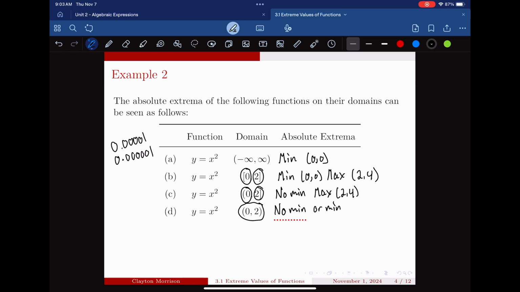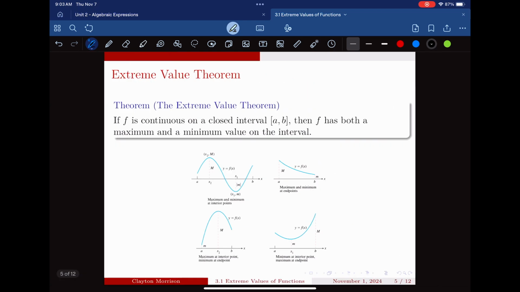So moving on from that, this is where it's all at, the extreme value theorem. Okay, if you've got a function that's continuous, then that means it can be differentiable. Remember, continuity means maybe differentiability, but it needs to be continuous if it is differentiable. If it's continuous on a closed interval, whatever that closed interval is, then f has a max and a min value on that interval.